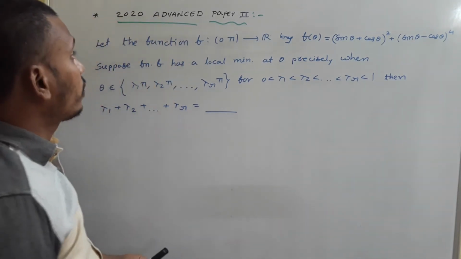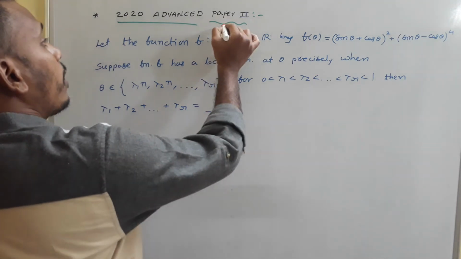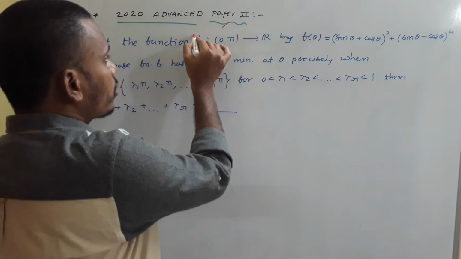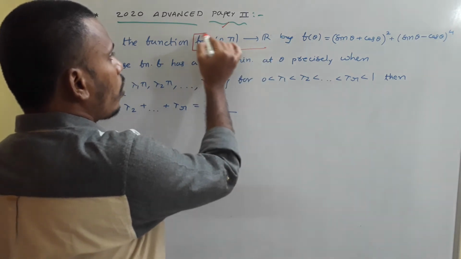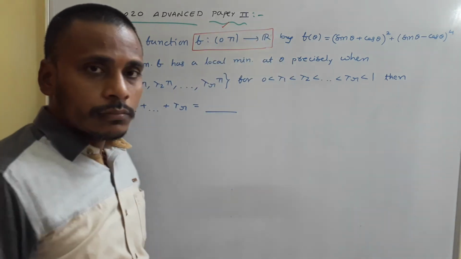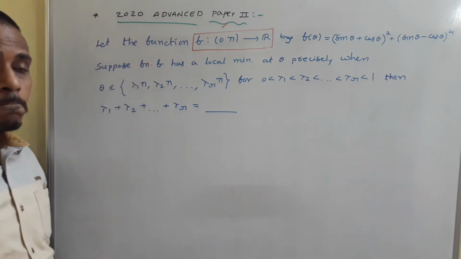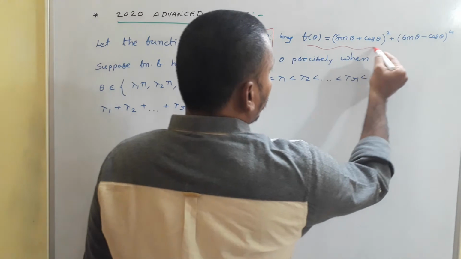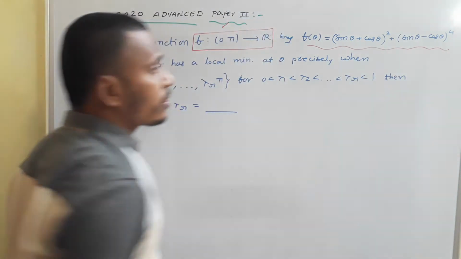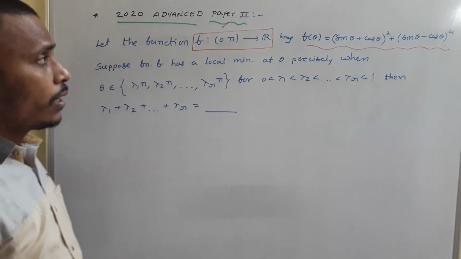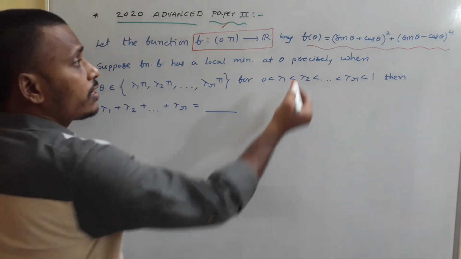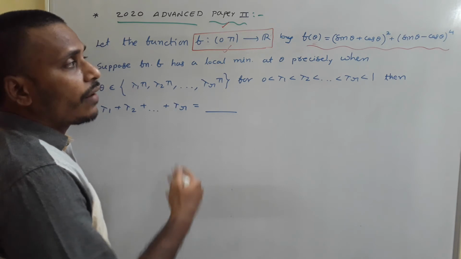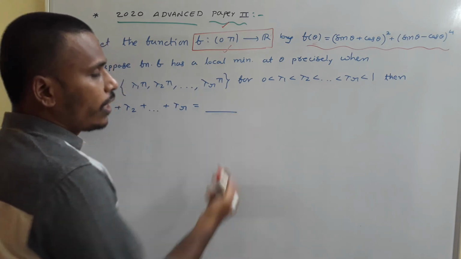Now the next question from 2020 Advanced Paper 2 related to the applications of derivatives, and it is given that f is a function from 0 to pi to R. f of theta is given as (sin theta plus cos theta) whole square plus (sin theta minus cos theta) to the power 4. That represents that this theta input is from 0 to pi, and the result range is all real numbers.